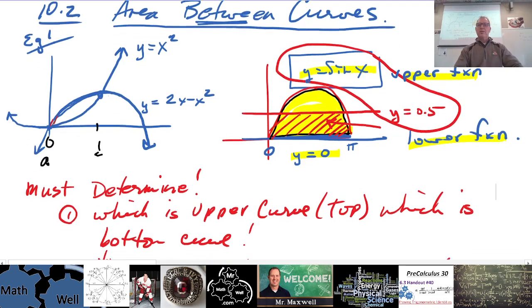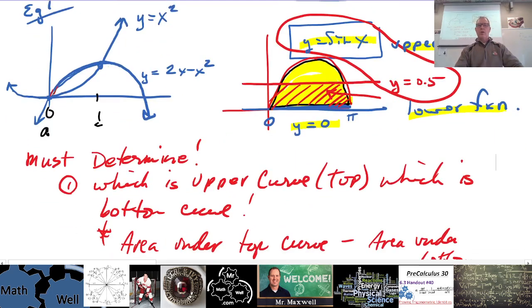So first of all, we must determine which is the upper curve, that's the top curve, and which is the bottom curve. In our example 1, the top curve is this one right here, if we're talking about this area between the two. This one is the upper or the top curve.